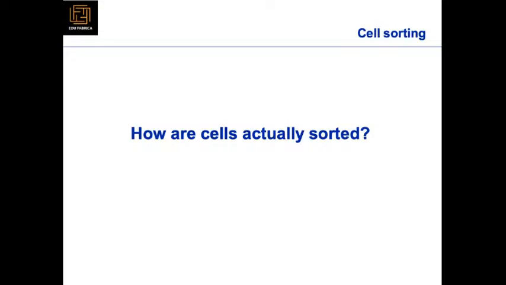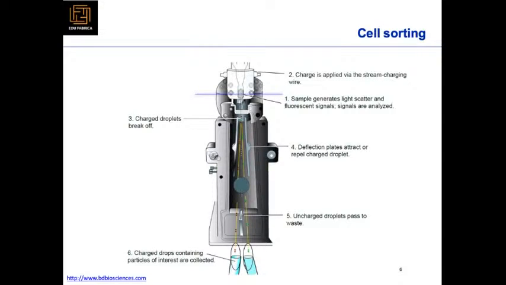So how are cells actually sorted out? This is the method. First, the sample generates light scatter and fluorescent signals, which are analyzed. Second, charge is applied via the stream charging wire. Then charged droplets break off. Then deflection plates attract or repel charged droplets.